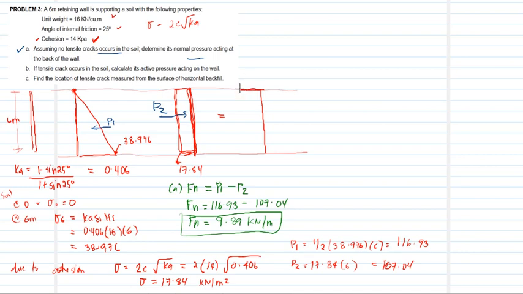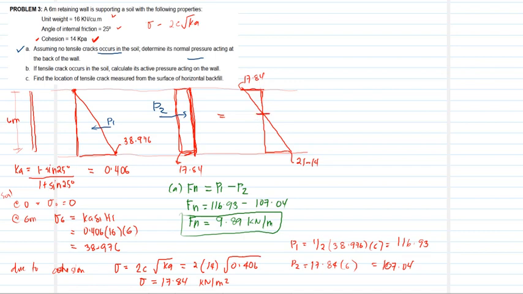So, andito yung ating pressure diagram. And then we have 38.976 minus 17.84. That is equal to 21.14. So, positive. So, andito yung ating value which is equal to 21.14. So, ganyan yung magiging pressure diagram natin pag meron tayong tensile crack.